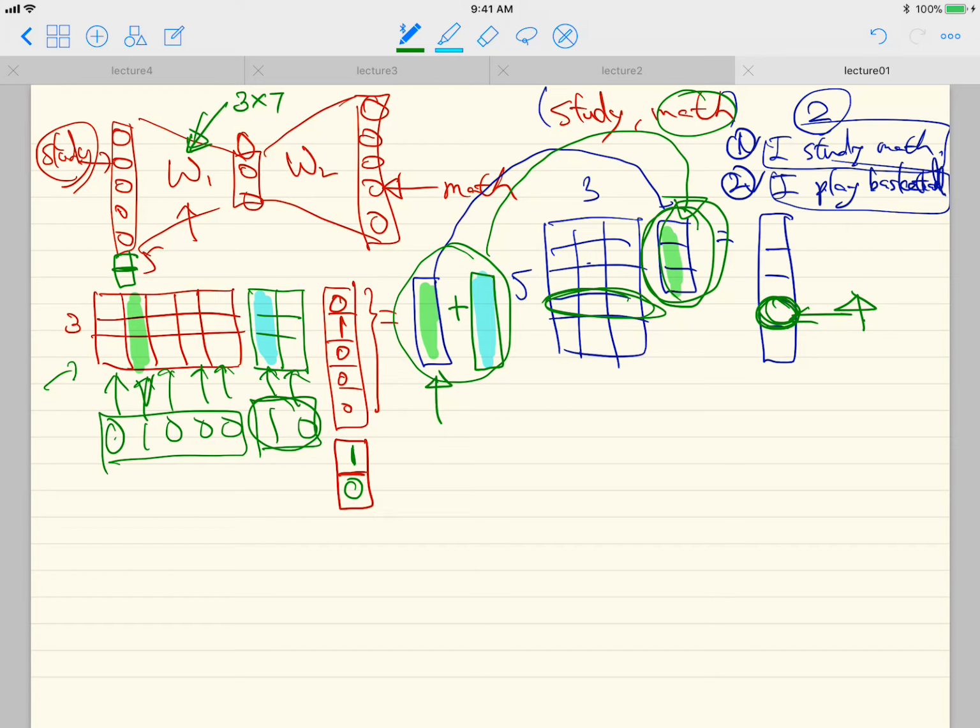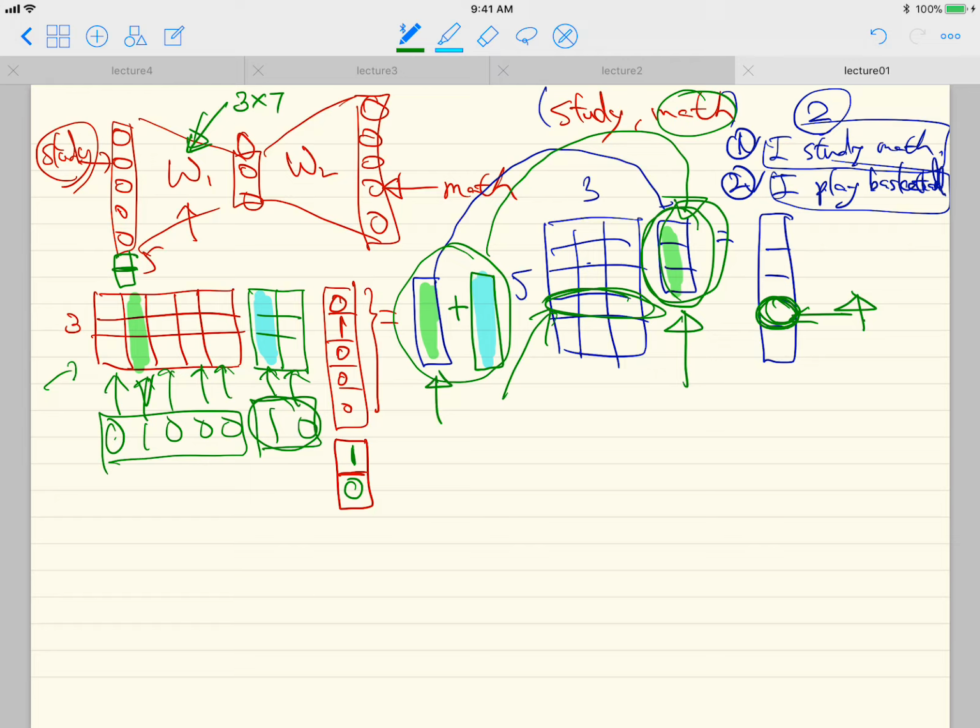So that way we are making this vector closer to this vector, so that their inner product can become larger, right? So this is the overall training process, or how this word2vec works.